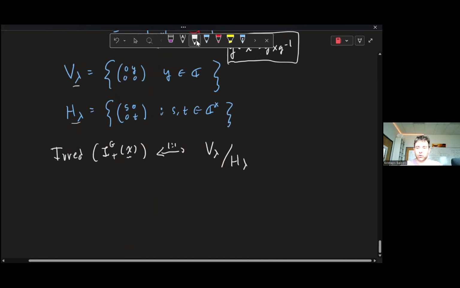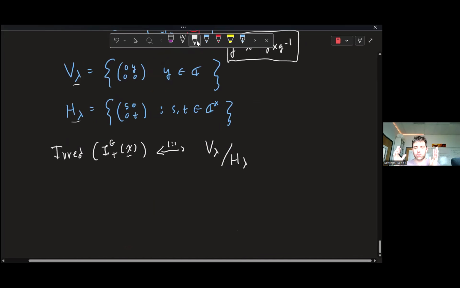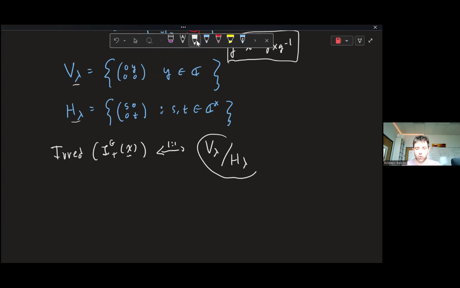And so part one of the reciprocity is that there's a bijection between the orbits of this group acting on V lambda and the irreducible representations that show up in this induced character. I should say this, when I write this slash here, I strictly mean the collection of orbits. I do not mean to suggest that the quotient of this variety by this group is itself a variety. Again, that is definitely not the case in general.